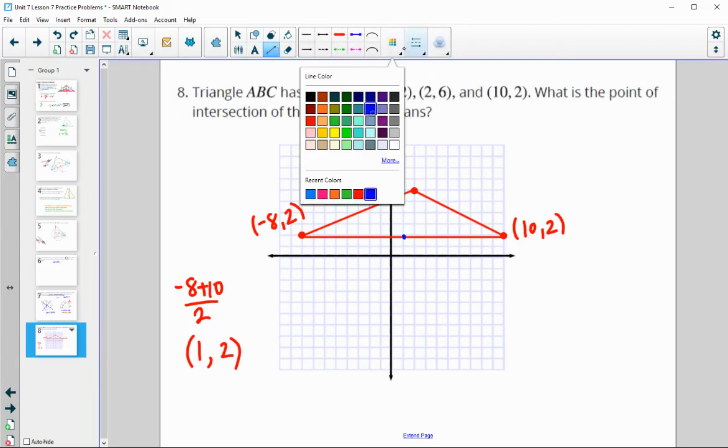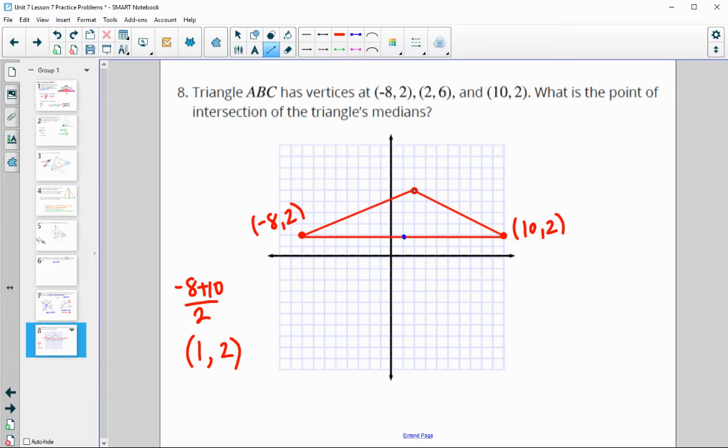And then the median, again, connects the vertex to the opposite midpoint. And then your medians cross to create this 2-to-1 ratio on this segment. So we could find the other medians, like we could figure out the midpoint here and then connect this to the midpoint.